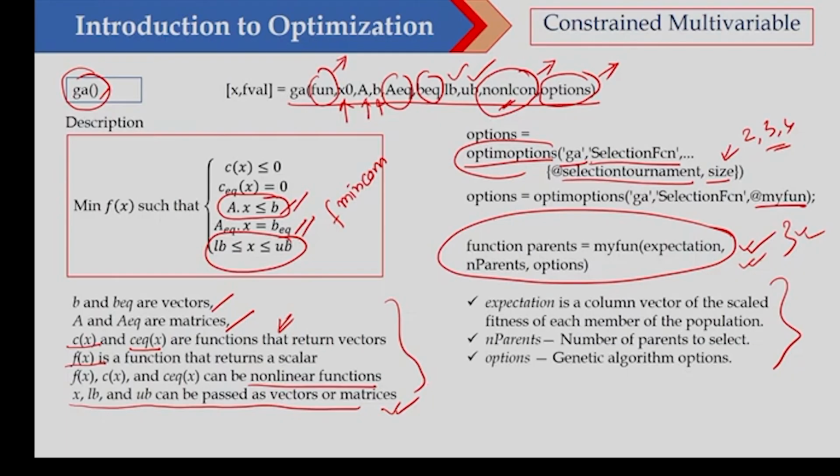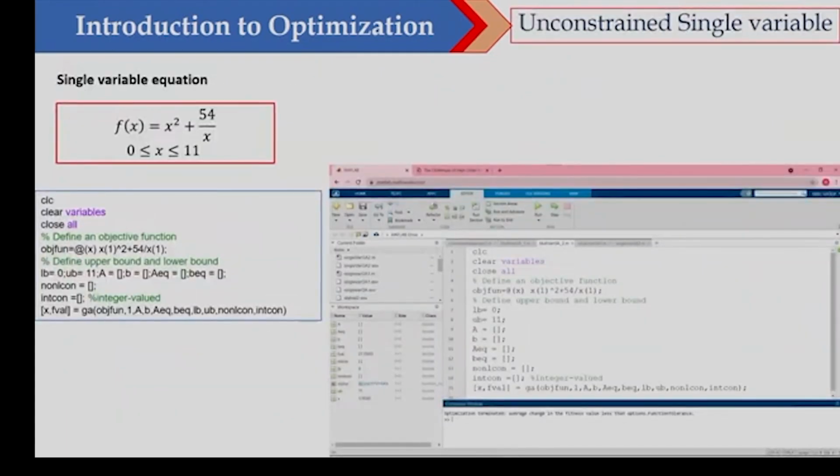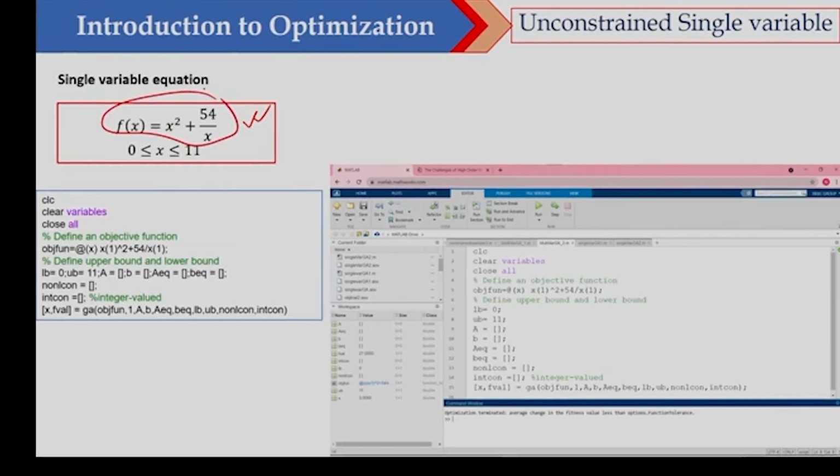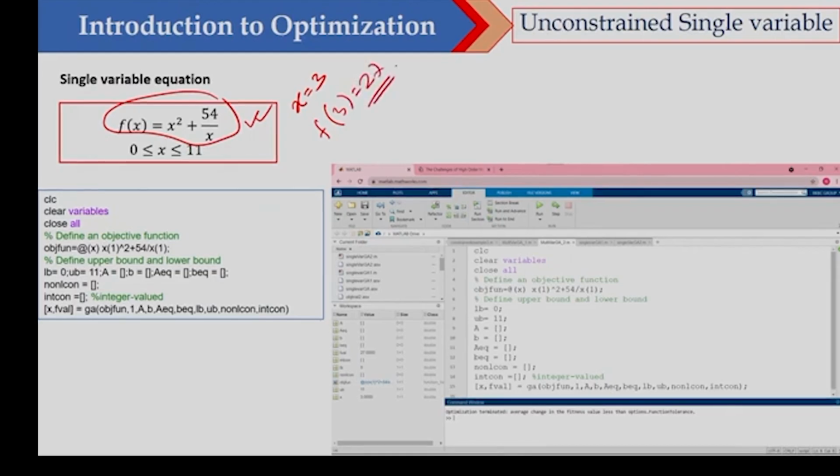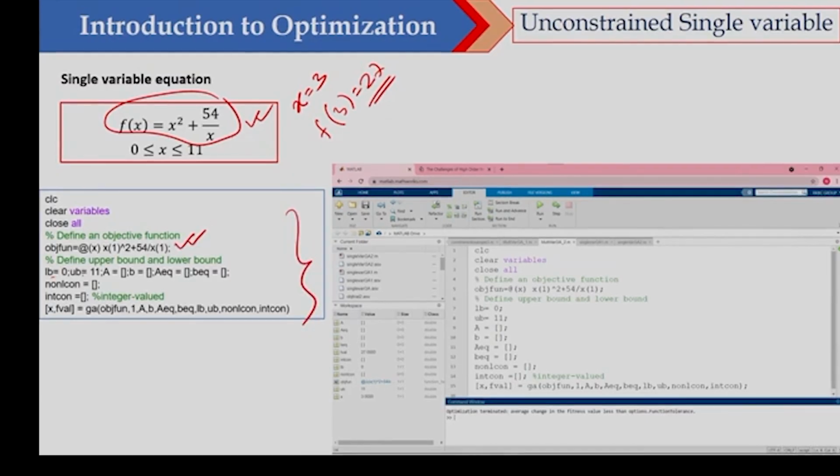So, let us see how we can solve a simple problem using GA. Let us start with a single variable optimization problem, that is x square plus 54 by x. I know the solution, that is x equal to 3 and f(3) equal to 27. I have written this M code. The objective function is defined, then lower bound, upper bound, A, B, A equality, B equality.